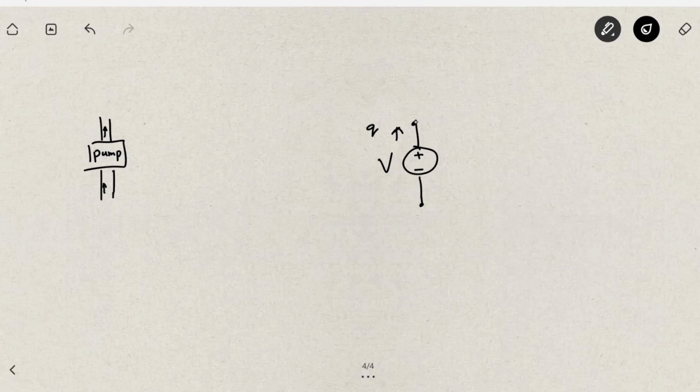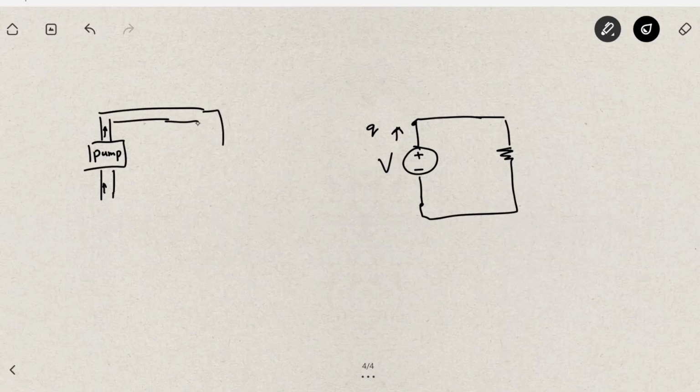Now if we connect a resistance here, we are connecting a resistance across this electrical circuit, so this becomes a closed circuit.